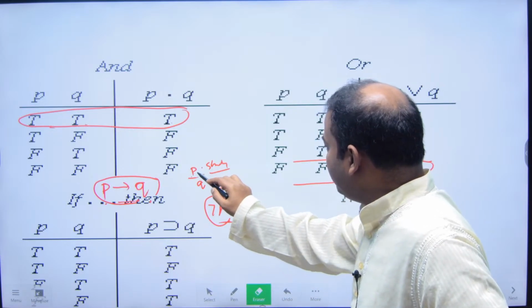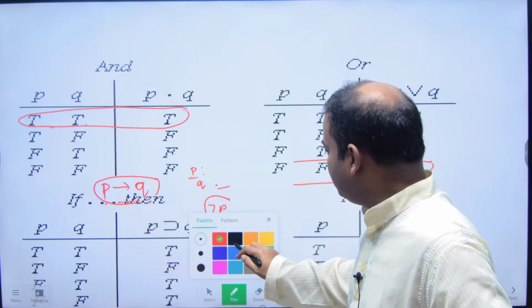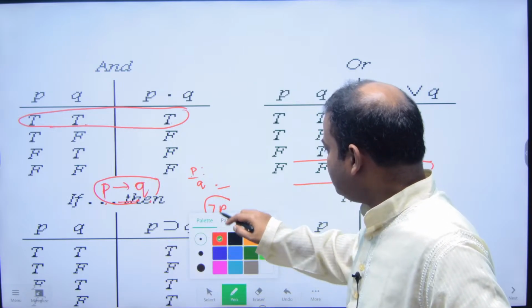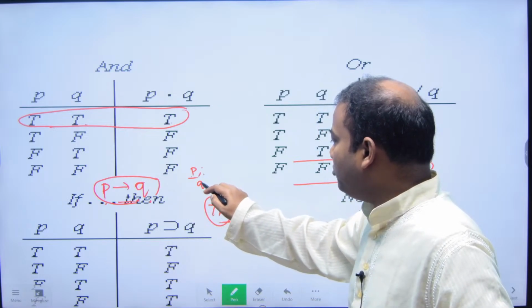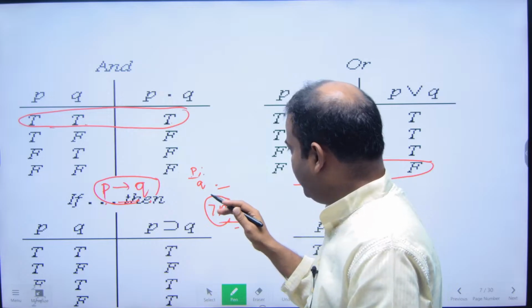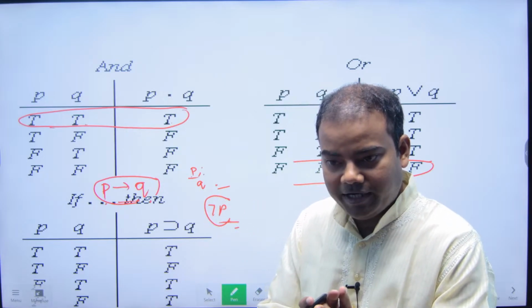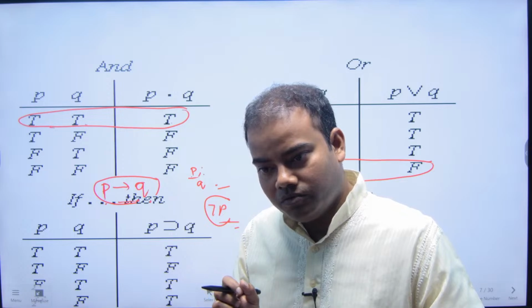It is not dependent upon P and Q. It means for every conditional statement, if the first statement is false, then the total statement is true.